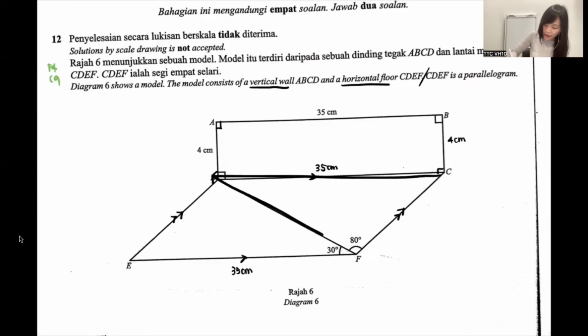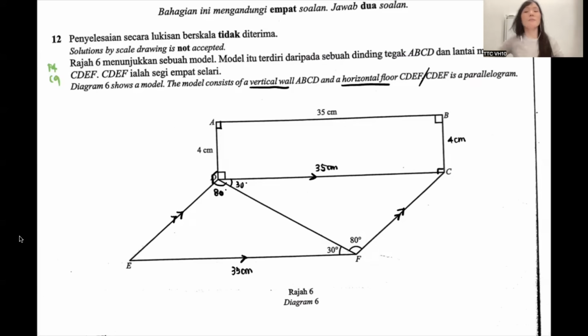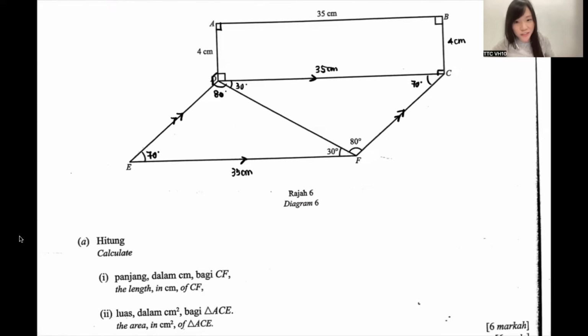We can use the zigzag concept that you learned under mathematics. Here 30 degrees, here also 30 degrees. Here 80 degrees, and the next door here also 80 degrees. I think I can also find this one because this is a triangle, right? So 180 minus 80 minus 30, this particular part will be 70 degrees. So if this is 70 degrees, this one is also 70 degrees. I feel like I wrote a lot of stuff before I start.